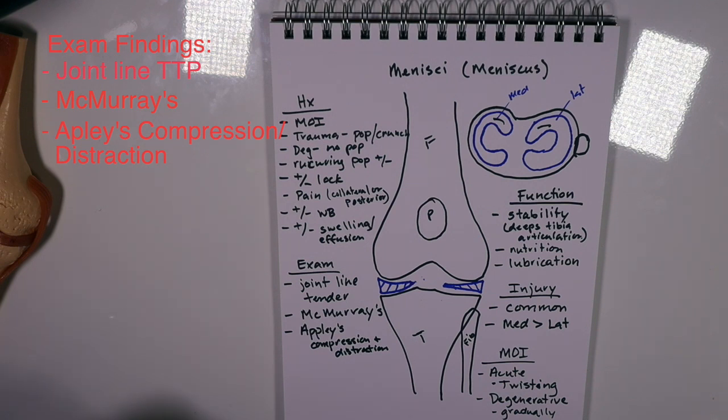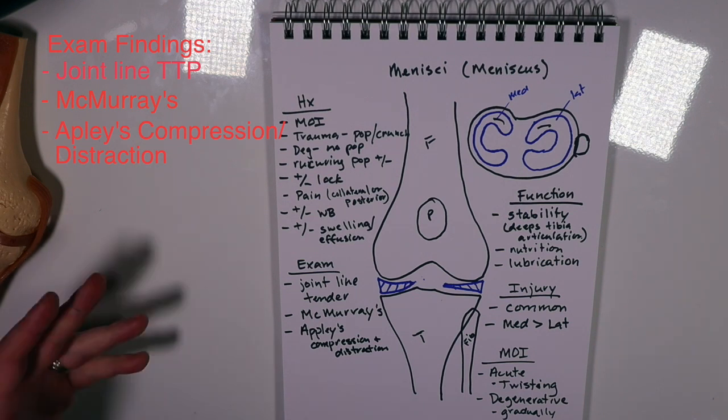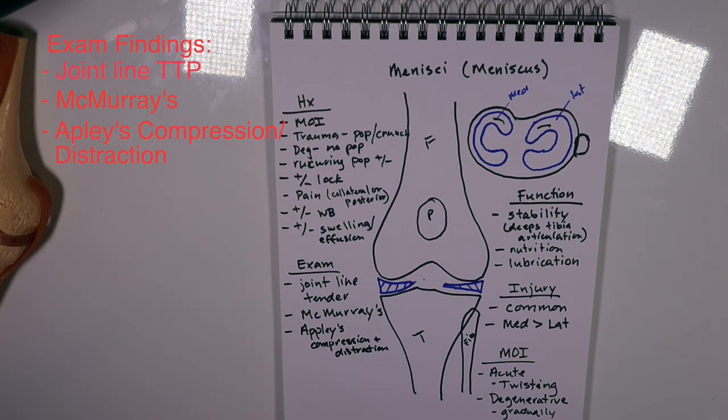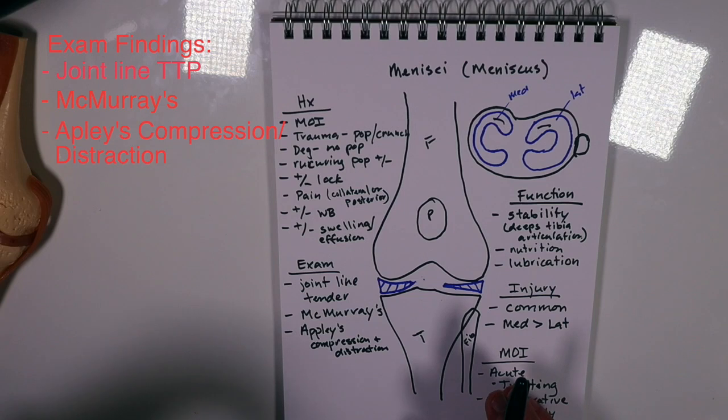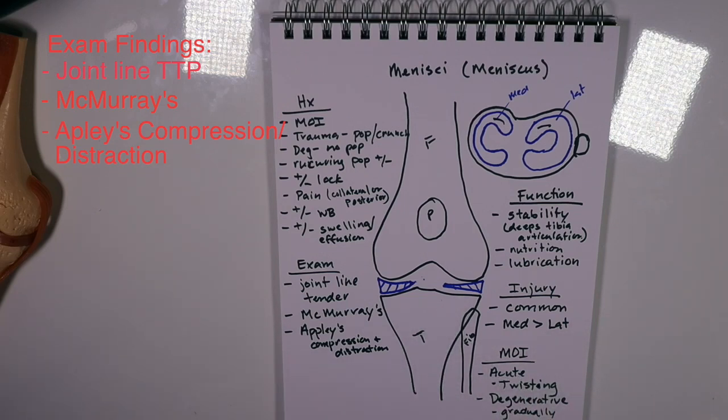You have the knee flexed to 90 degrees. You're pressing down on the foot towards an axial load on the lower leg, and then you're maximally internally and externally rotating it, trying to recreate the pain. If they have a positive compression test, then you want to proceed with doing the distraction test, where you're lifting up from the ankle, holding the thigh to the table, and you're rotating, and you're looking to see if that relieves the pain because you're relieving that pressure off of the meniscus. So that's the other test, which I rarely do.